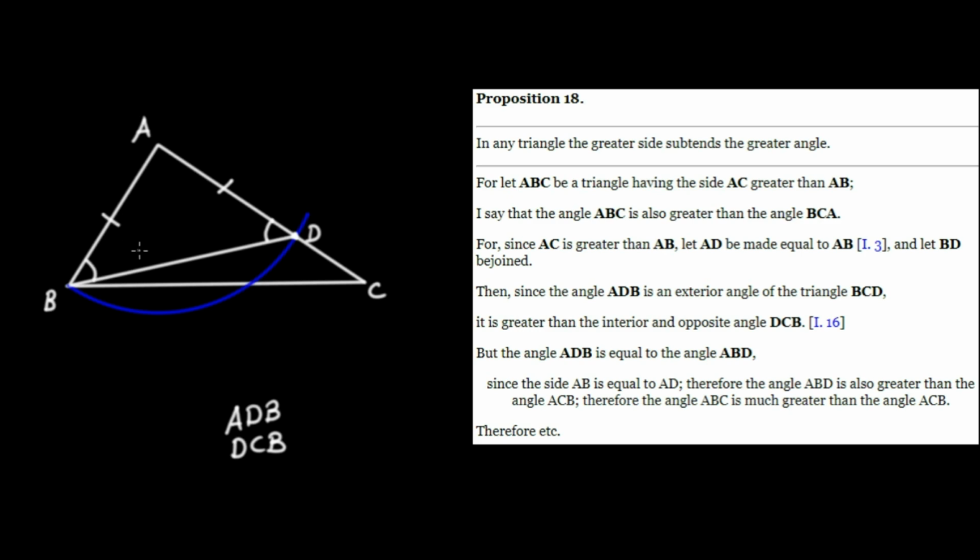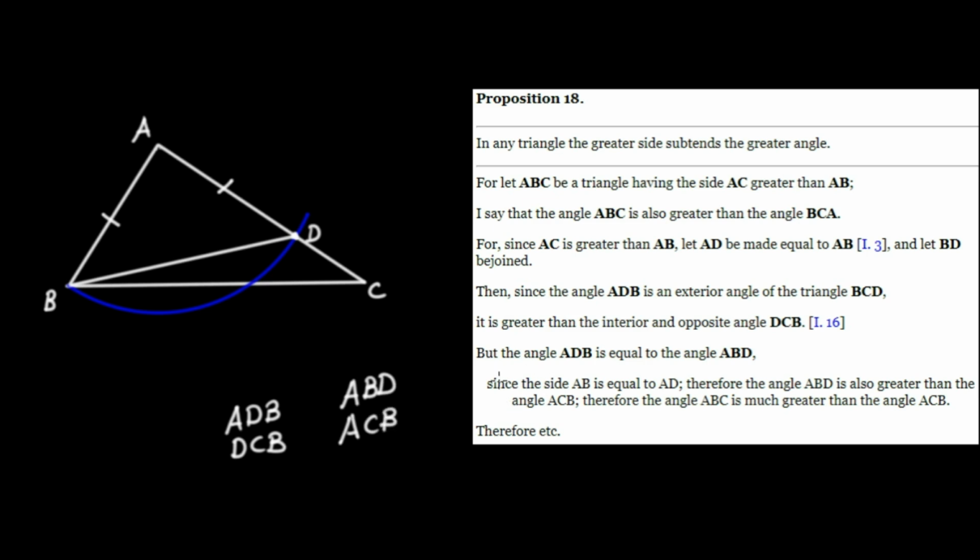So ADB is going to be greater than ACB, but ADB is equal to ABD because of this isosceles triangle. Therefore, we have, at this point, ABD is greater than ACB.